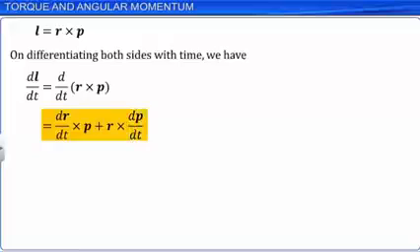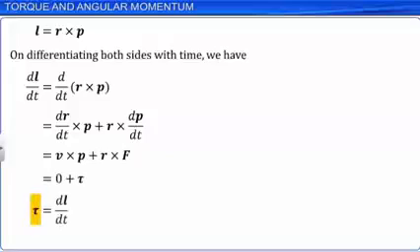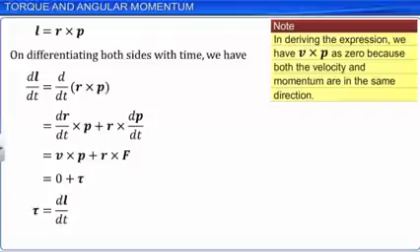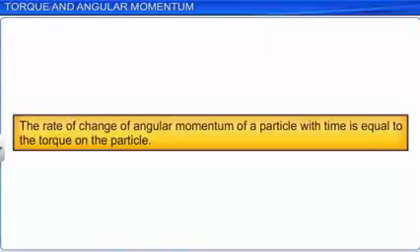On simplification, tau is equal to dL by dt. The rate of change of angular momentum of a particle with time is equal to the torque on the particle.